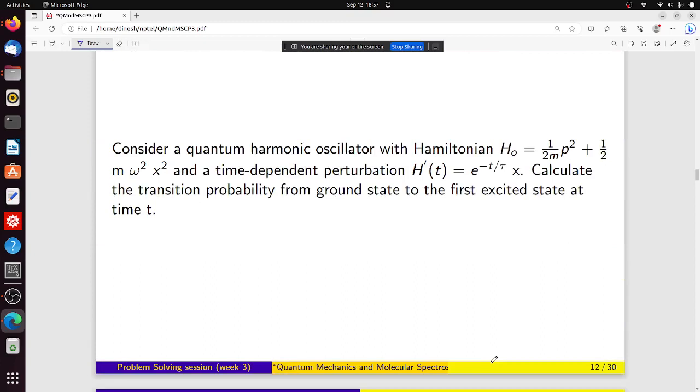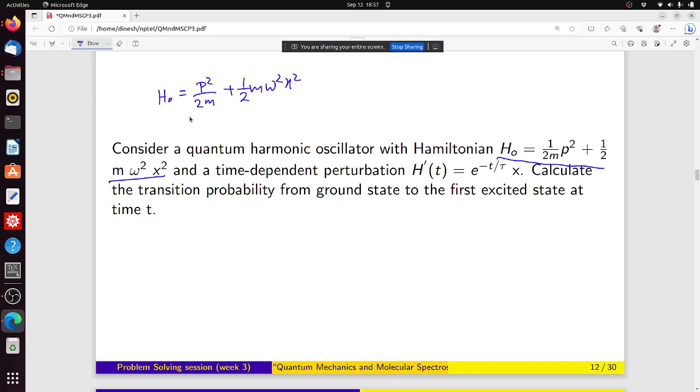Okay, then moving on to the next question. So in the next question, we are given a quantum harmonic oscillator with a Hamiltonian of this form. It's not looking good here, let me write it down. H0 is p square over 2m plus half m omega square x square.